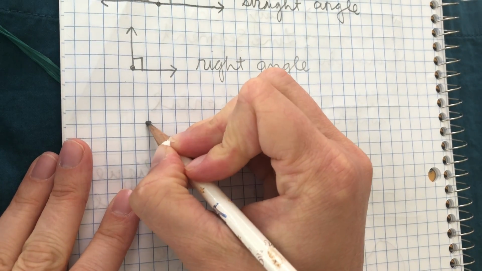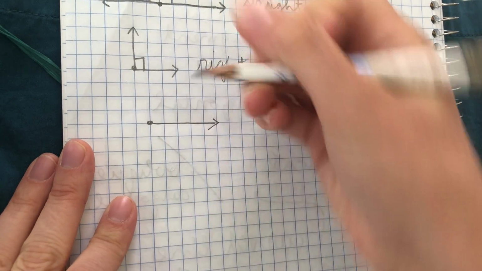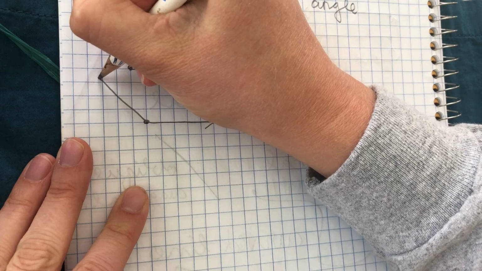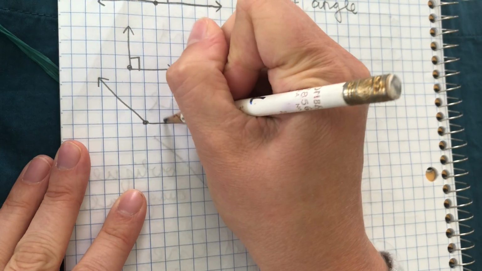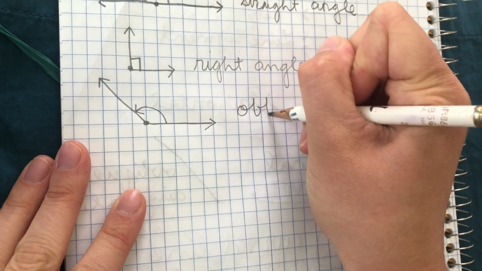You could also do this in colored pencil to make it look pretty, which is why I mentioned having them with you. And this is the angle we're referring to here. This is an obtuse angle.